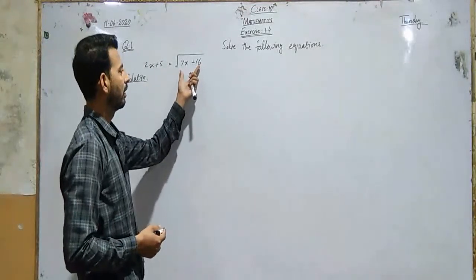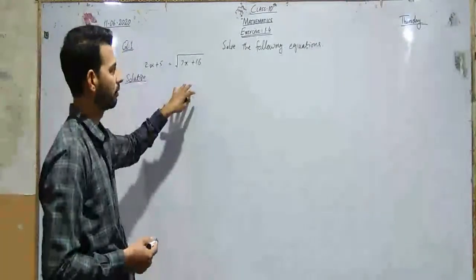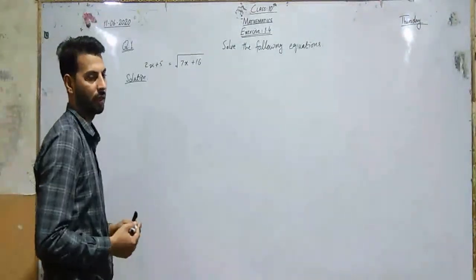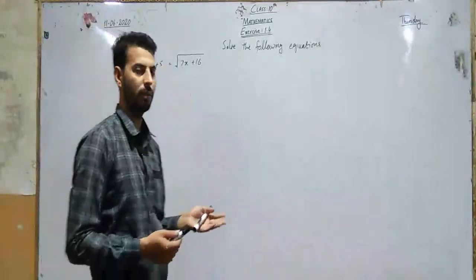Now this is the thing we have seen for the first time in this unit 1, the square root on one side. So whenever there is a square root, we can cancel it by taking a square.